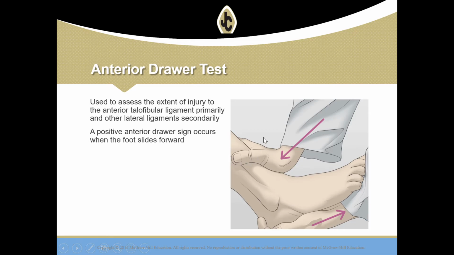The next test I would do is the anterior drawer test. If they're complaining of pain on the outside of the foot or the lateral aspect of their foot, and we're worried about those 3 ligaments, the ATF, the CF, and the PTF, if they're injured. So you can see where this clinician is putting one hand on their shin and one hand cupped around the bottom of their foot and their heel, and they're pushing and pulling.